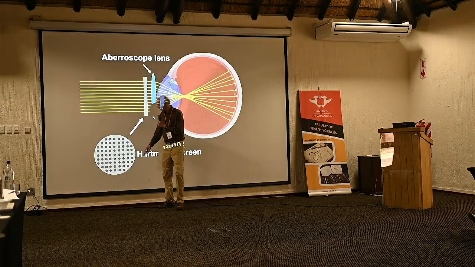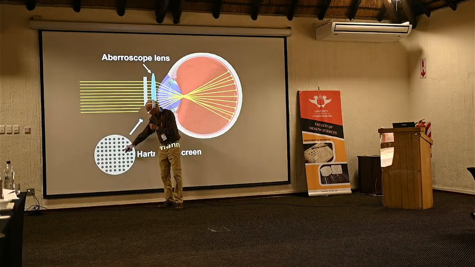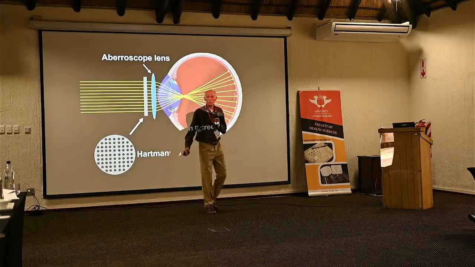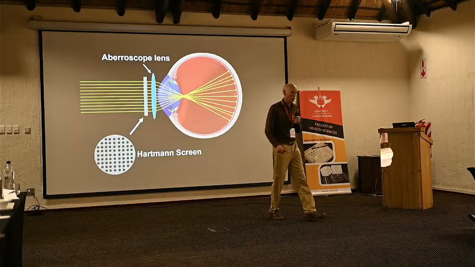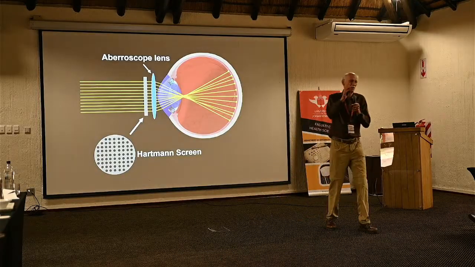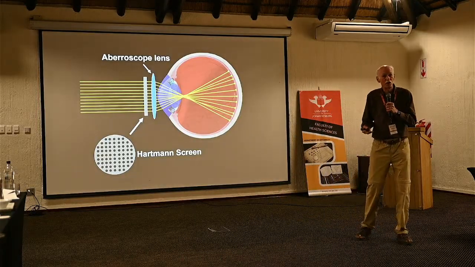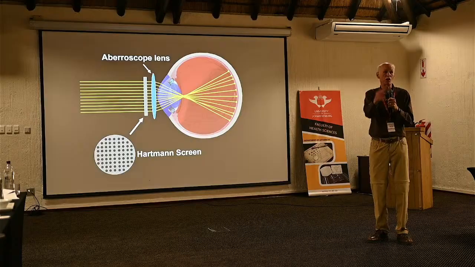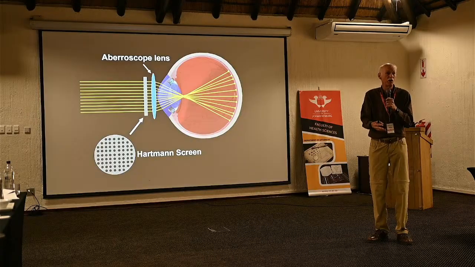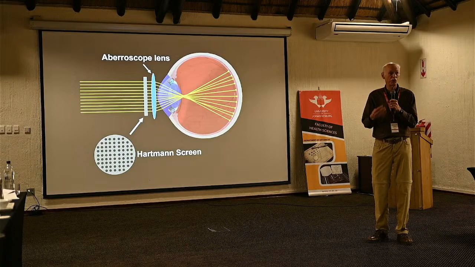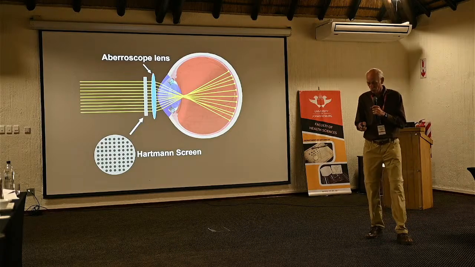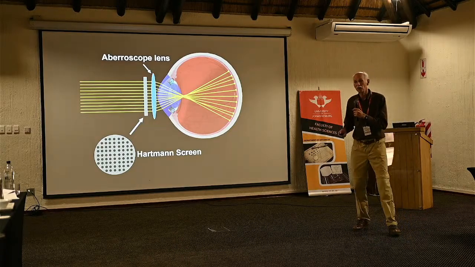But it's rather inefficient because a lot of your light is being blocked by this opaque disc. You're losing light. That's not so important in physical optics or the optical industry, but for the eye, we're light limited. We can't just put an arbitrary amount of light into an eye without causing damage. So for safety's sake, we have to be as efficient as we can be. And that's where Mr. Roland Shack came in.